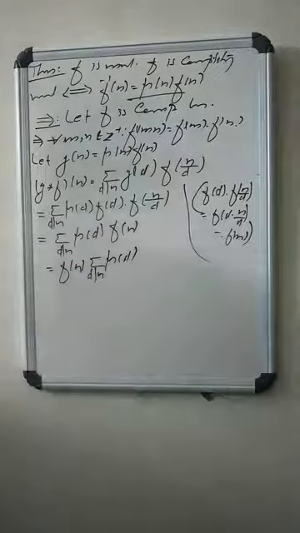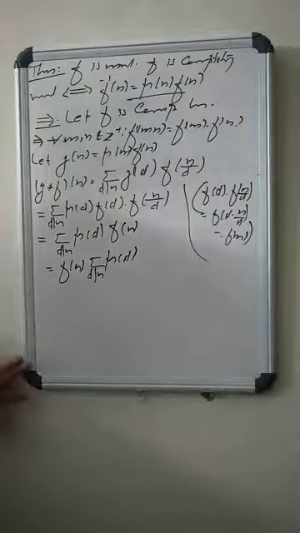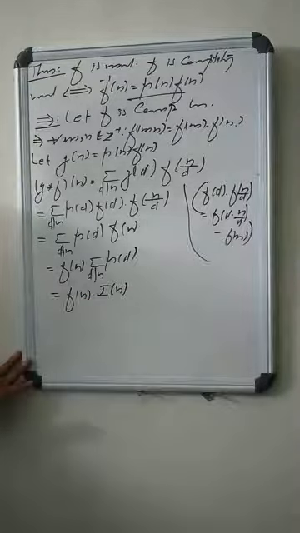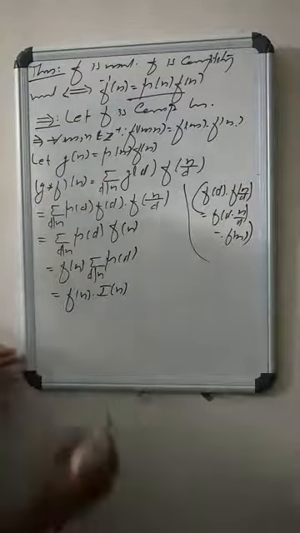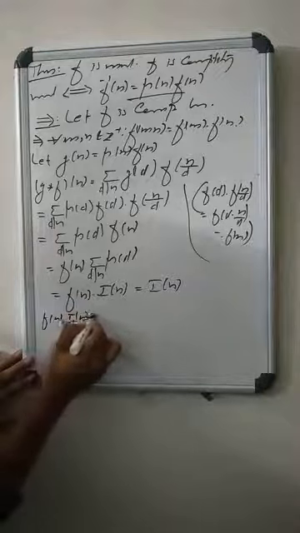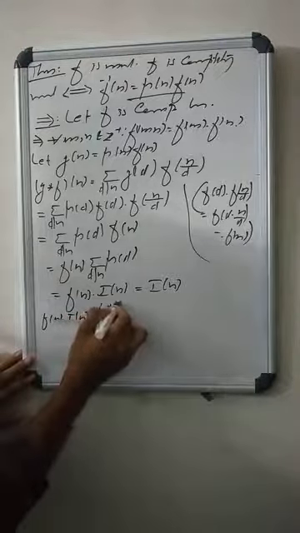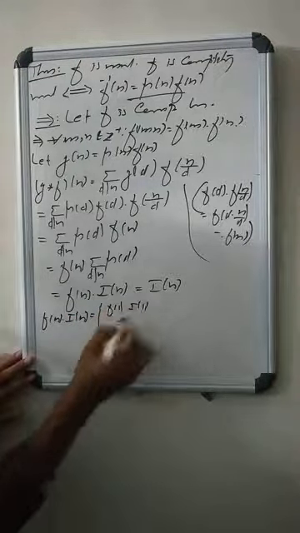What is the sum over d dividing n of mu of d? That is I of n by definition. So it is f of n into I of n, where I is the identity function. What is f of n into I of n? It is I of n. Why? By definition, when n equals 1, it is f of 1 into I of 1.